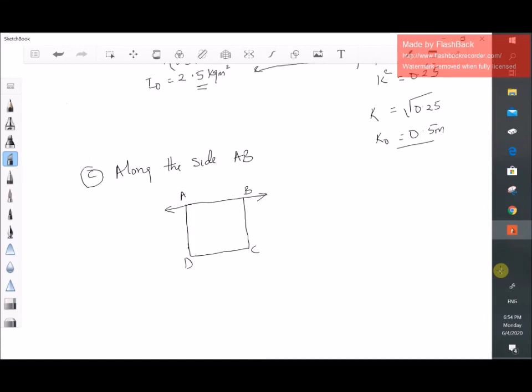And if you recall, the sides of the square are 1 meter each. For this question, this line is rotating. Alright? So step 1, I draw my table.